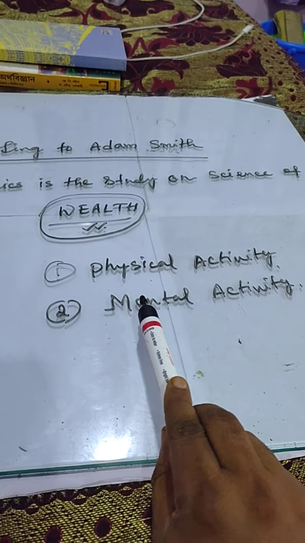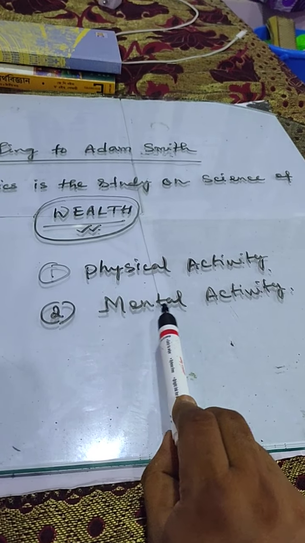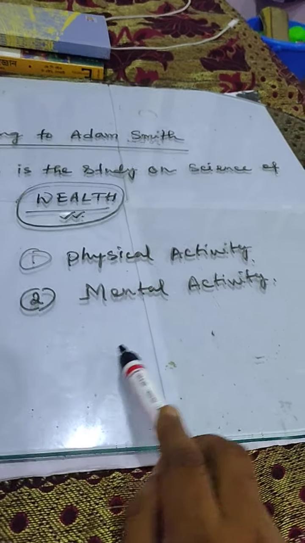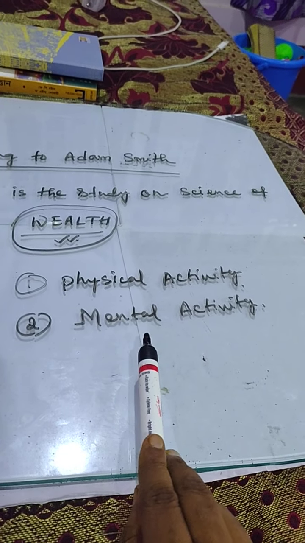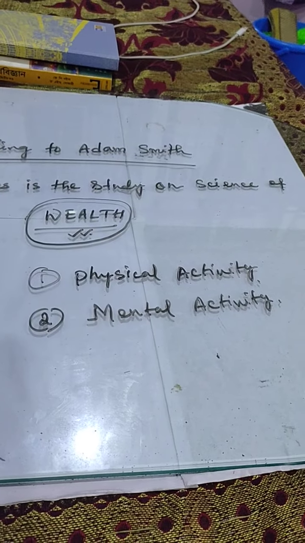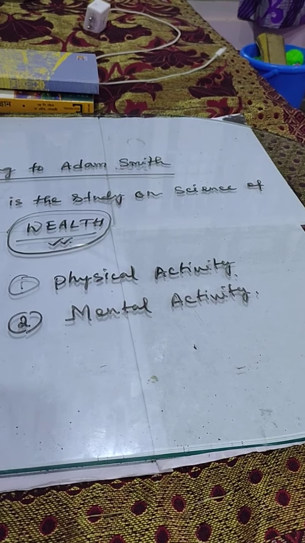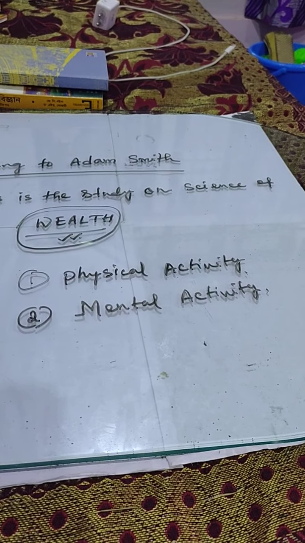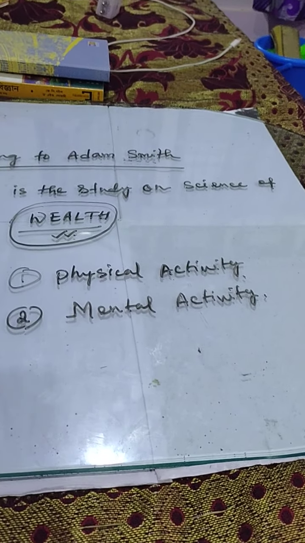So why do you perform these physical and mental activities? What is the reason behind performing these activities? We perform these two activities, physical as well as mental, to earn wealth. Your parents are engaged in these two types of activities, and why do they do so? Because to earn income or wealth, they have to perform physical as well as mental activities.